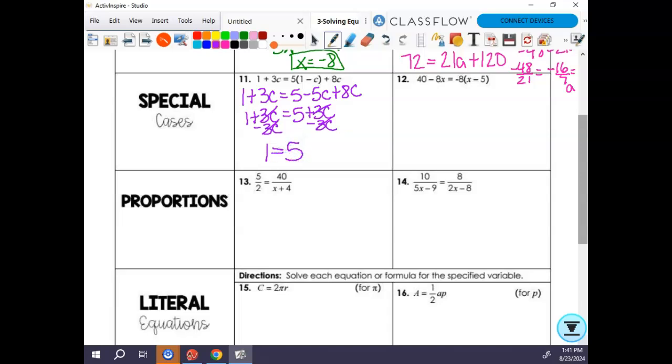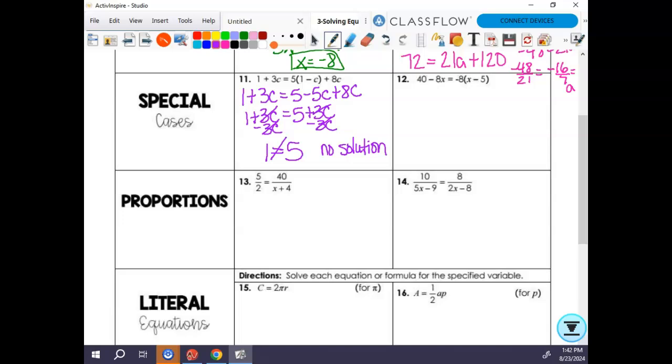Is that a true statement? No. And so what does that mean your answer is? Anybody remember? No solution. If it's a false statement, it is no solution. So you might have gotten like 0 equals 4 if you had moved the other. Either way, it won't be a true statement. Okay? We good on that?